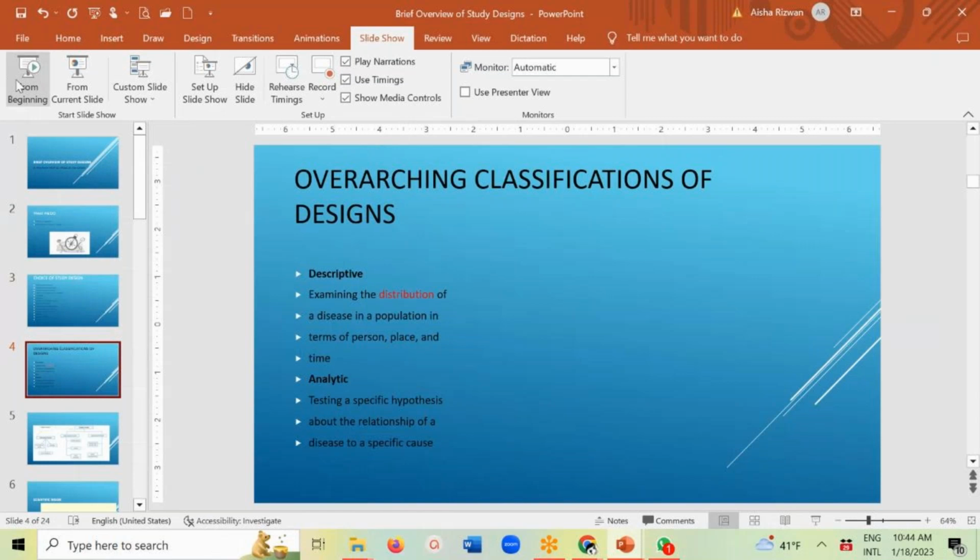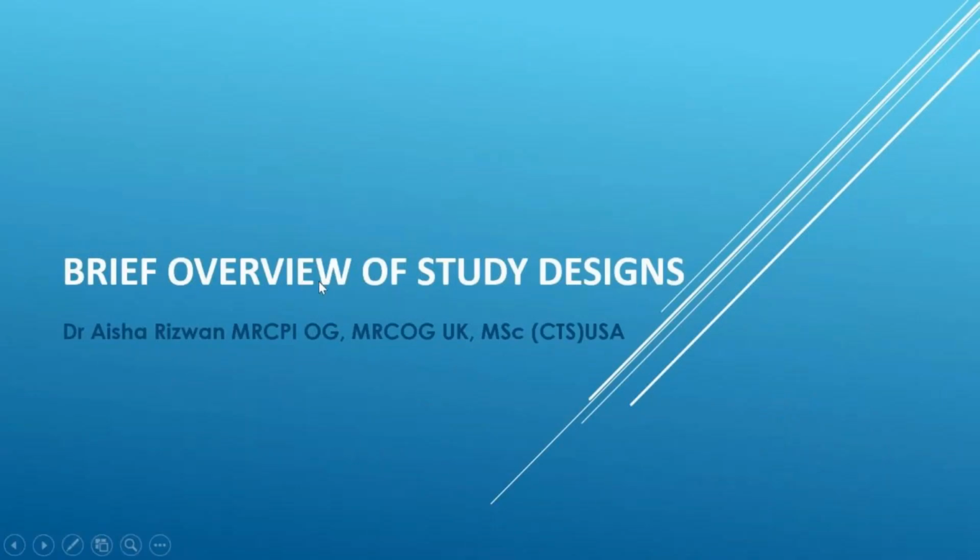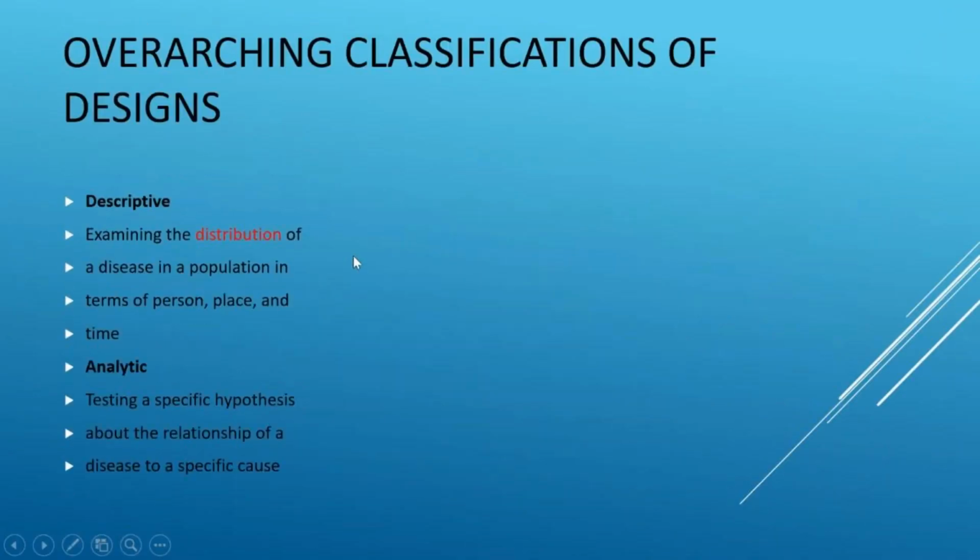So if we look at the different types of studies, then I would say that basically we can divide the studies into two: descriptive studies and analytic studies. Mostly the descriptive studies examine the distribution of a disease in a population in terms of person, place, and time.